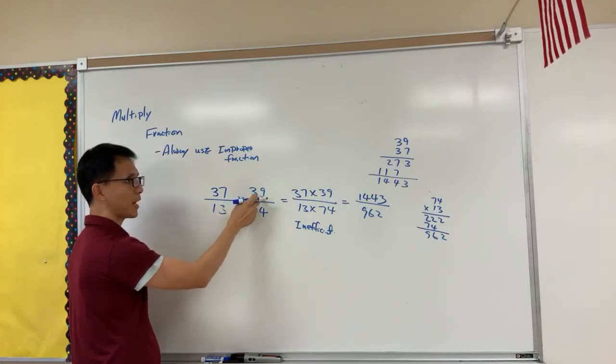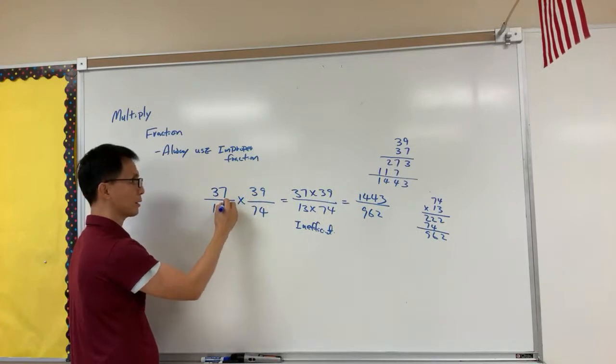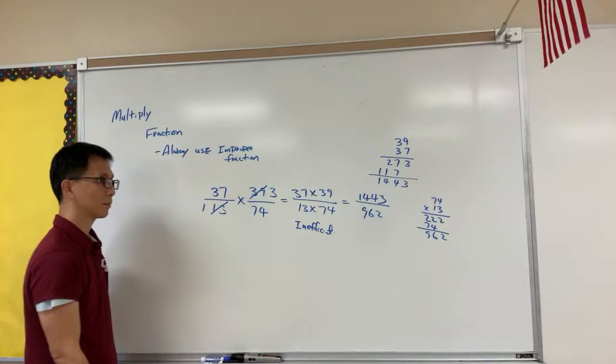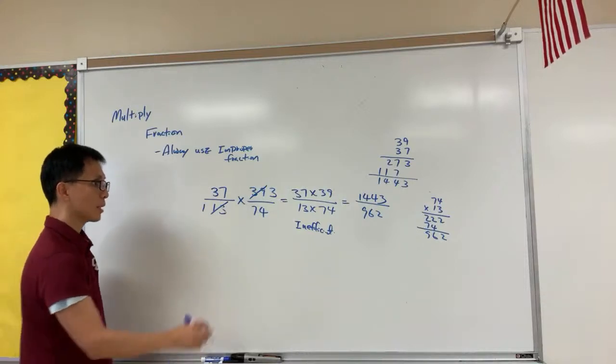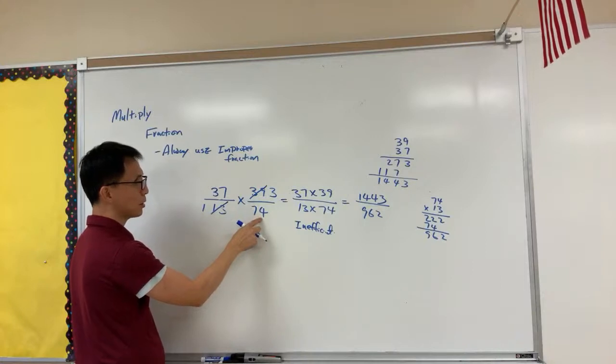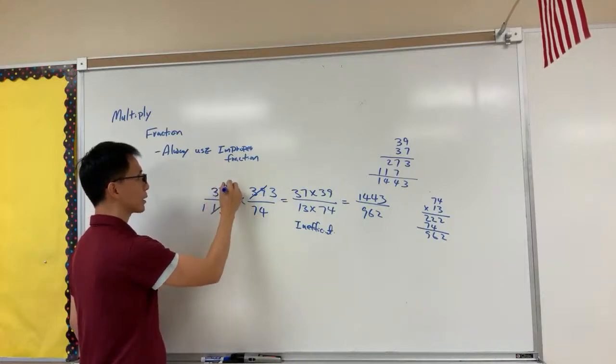It turns out 39 can divide by 13, so that's going to cancel out: this is 1, this is 3. And then you can simplify it this way: 37 times 2 is 74, so this is going to cancel out.